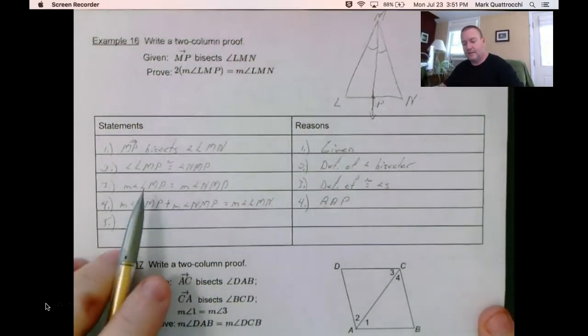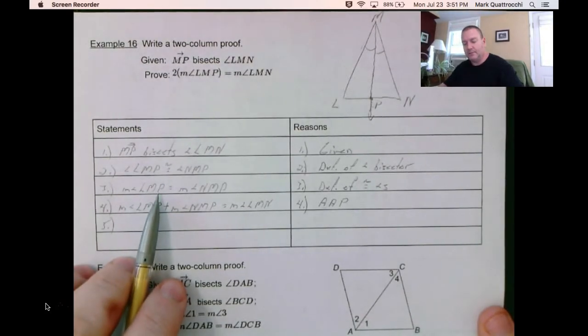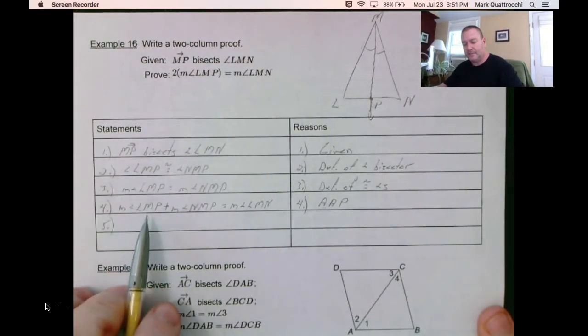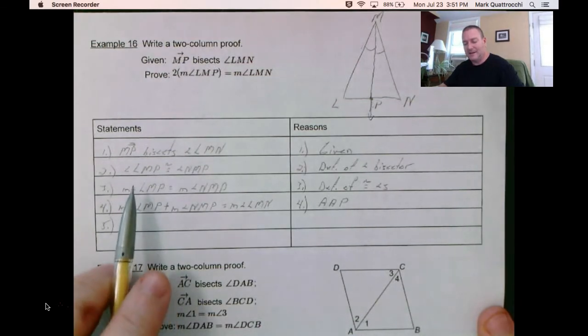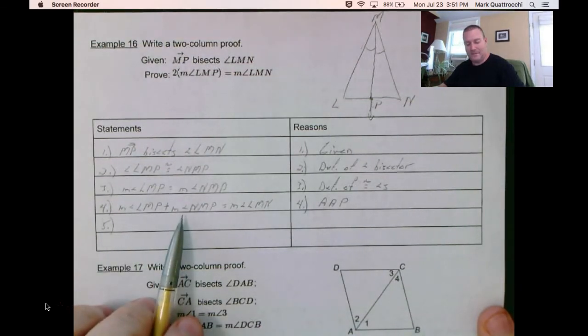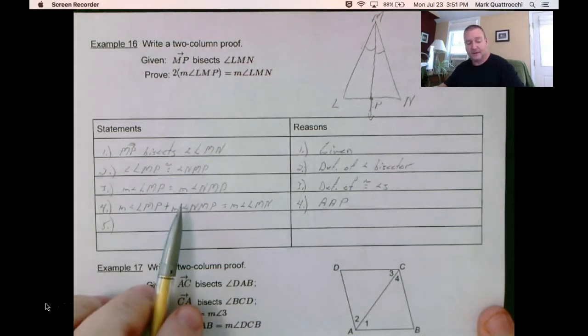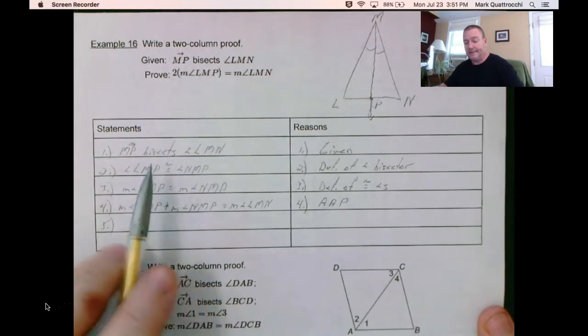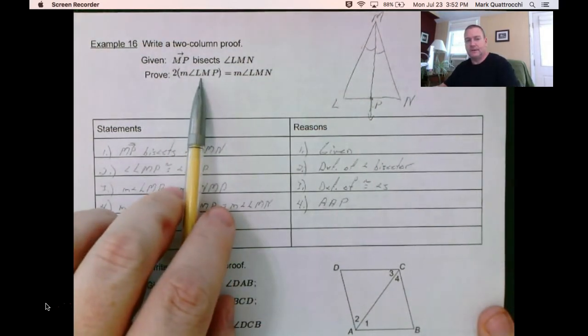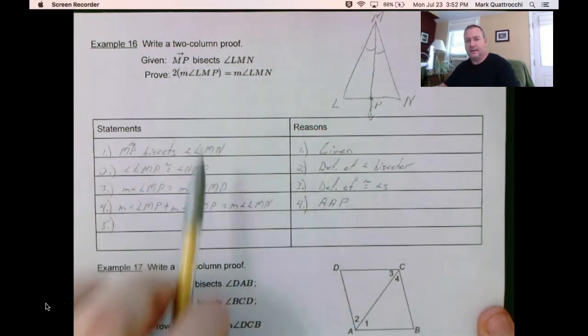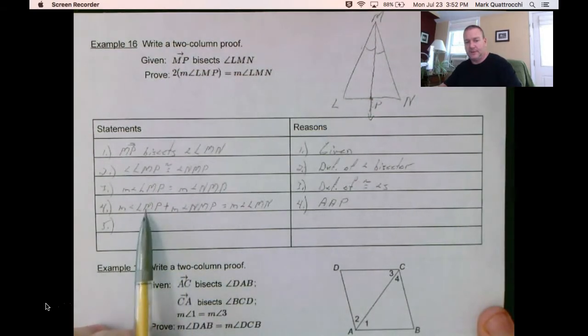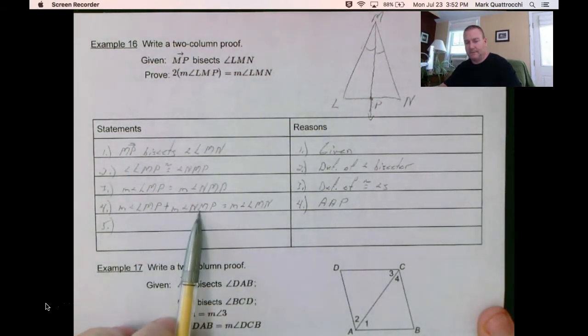Instead of writing measure of angle LMP, I'm going to replace that. I don't have a choice because I want 2 times the measure of angle LMP, so I want to keep this one. I want to replace this one.